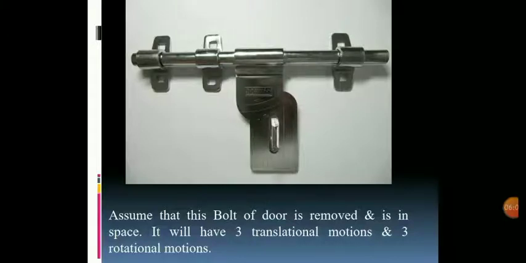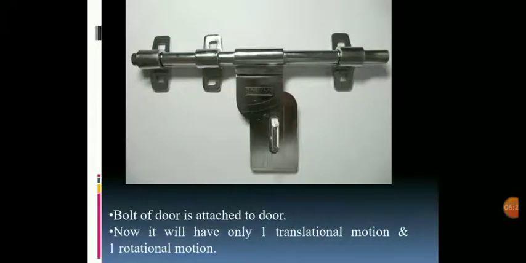Let us take another example. Assume that the bolt of the door is removed and is in space. Similar to the previous example, it will have 3 translational motions and 3 rotational motions. Now suppose the bolt is attached to the door. This time it will have 1 translational motion, in the horizontal direction, and 1 rotational motion.